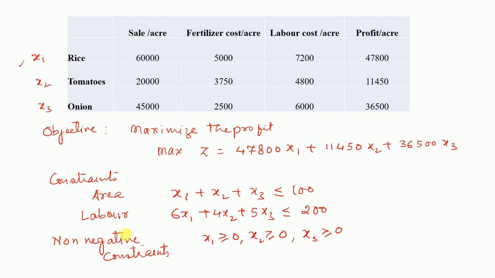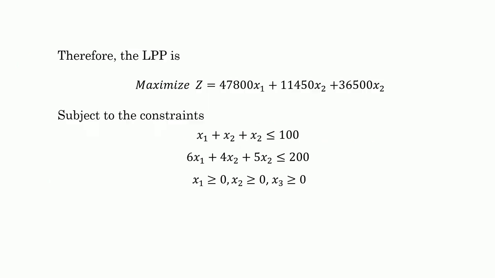So this is the formulation of the given problem, and finally you can write the LPP in this way: maximize z equal to 47800 x1 plus 11450 x2 plus 36500 x3, subject to the constraints x1 plus x2 plus x3 less than or equal to 100, and 6x1 plus 4x2 plus 5x3 less than or equal to 200.